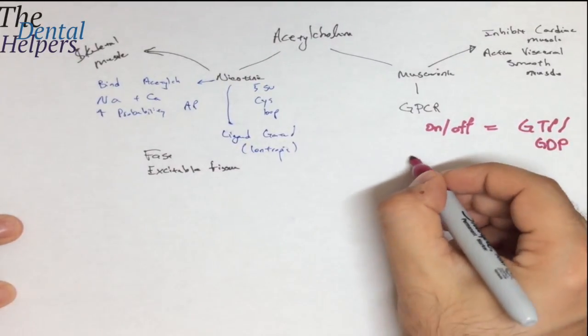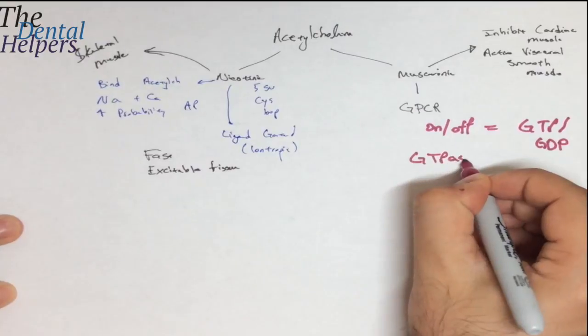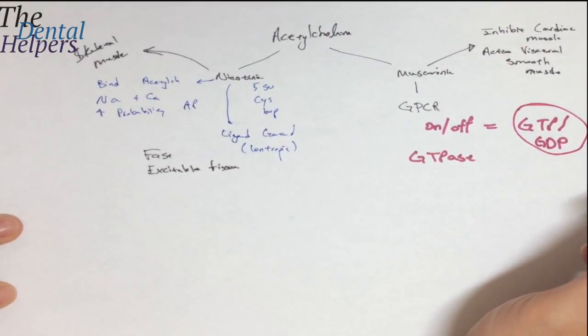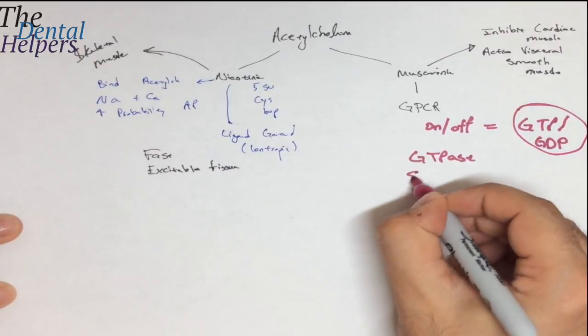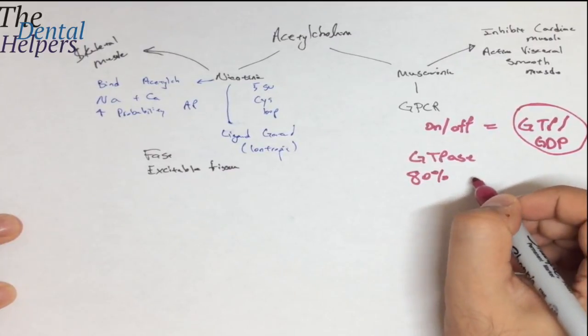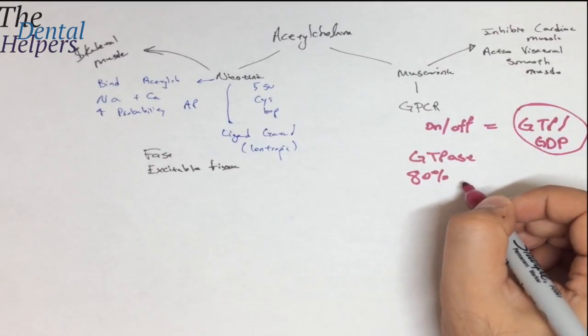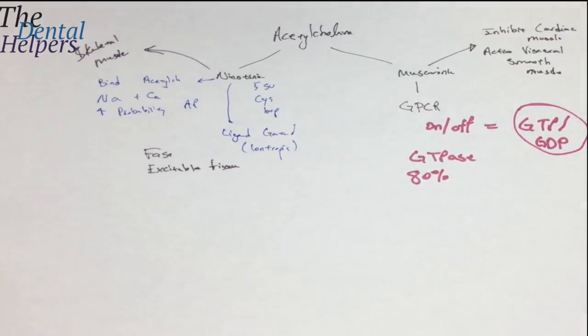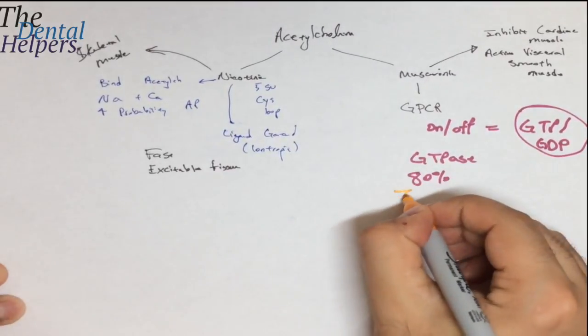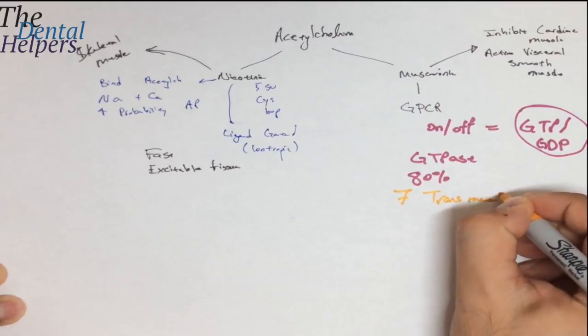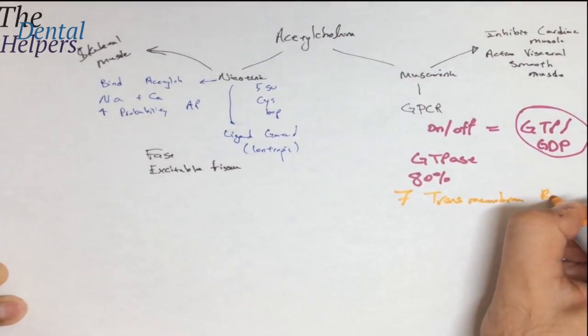So it's going to have an intrinsic GTPase to control GTP versus GDP. It's found that 80% of hormones are activated by G proteins. And as we've seen before, it is a 7-transmembrane receptor.